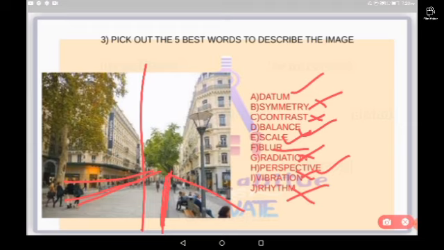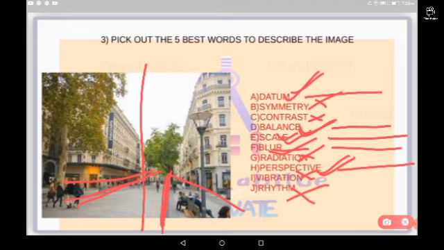No. So perspective is there, scale is there, balance is there, datum is there. So obviously we need to take our blur aside. So the 5 words are datum, then balance, then scale, then blur, then perspective.